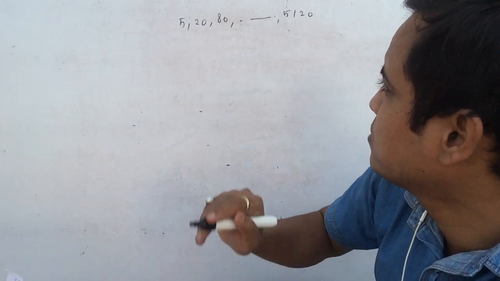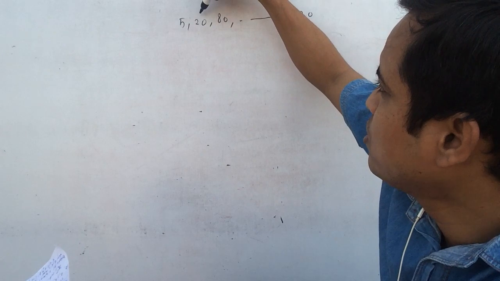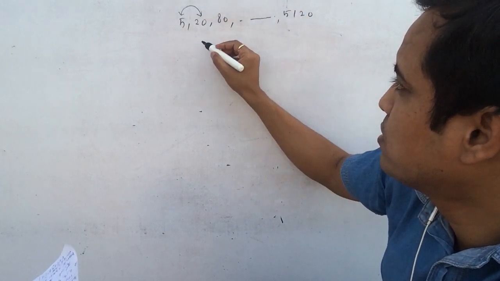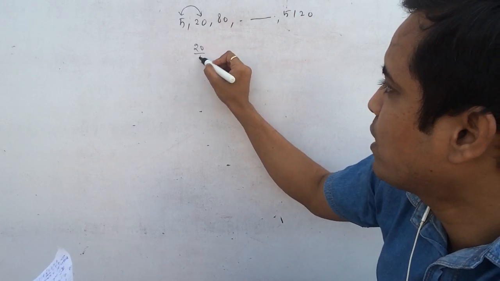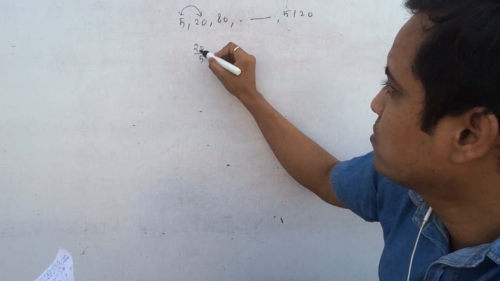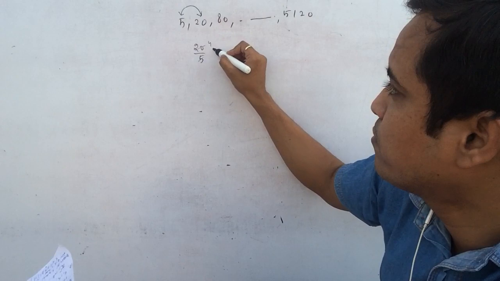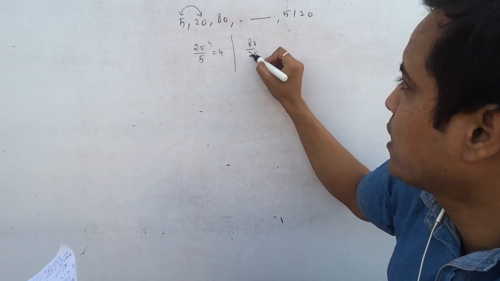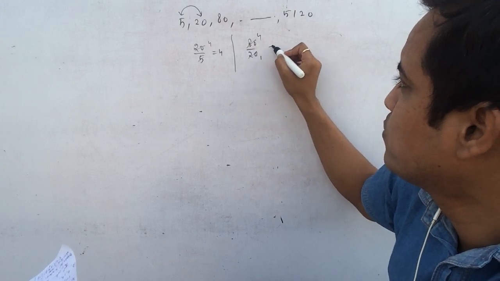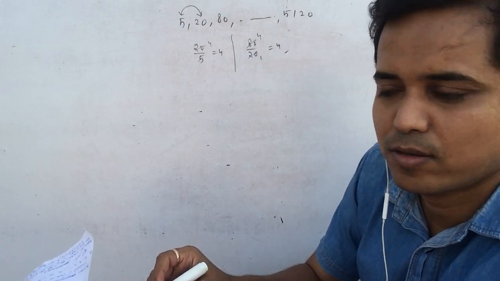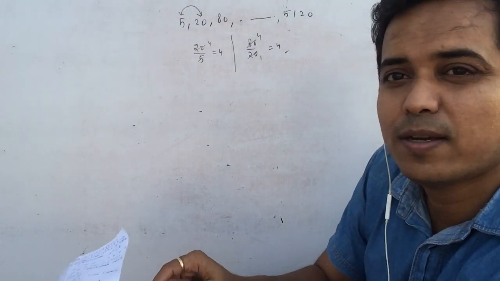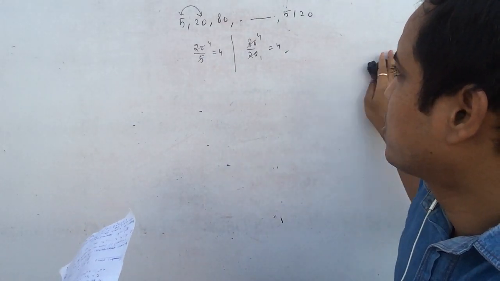What I have told you about geometric progression is that you have to find the common ratio, meaning the term divided by the previous term. 20 upon 5, the answer is 4. Here 80 upon 20, again you get the answer 4. In this way you conclude that the given sequence is in geometric progression.